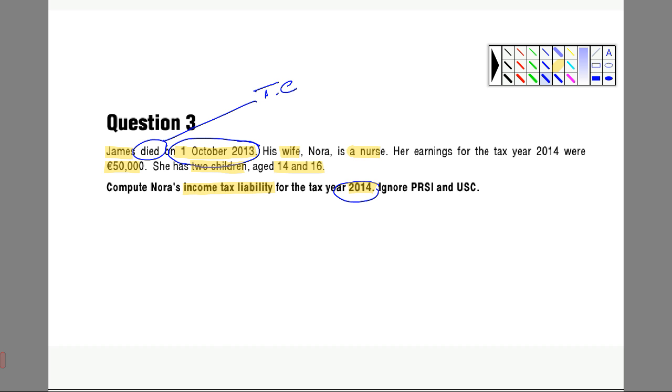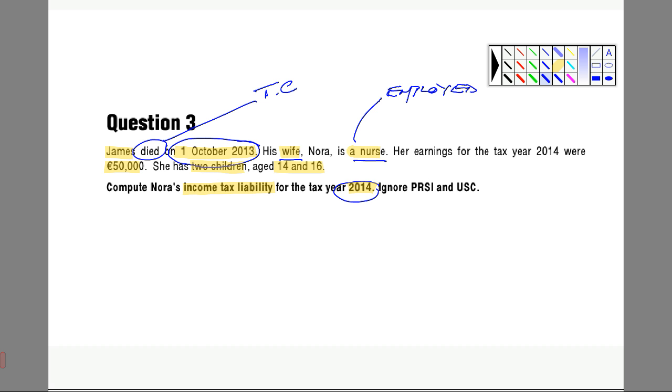Now, they do say that his wife is a nurse. They don't say that she's employed. But in the absence of any information to the contrary, we have to think, well, they haven't said that she's a self-employed nurse or a nurse who's freelance under Case 1 or Case 2.